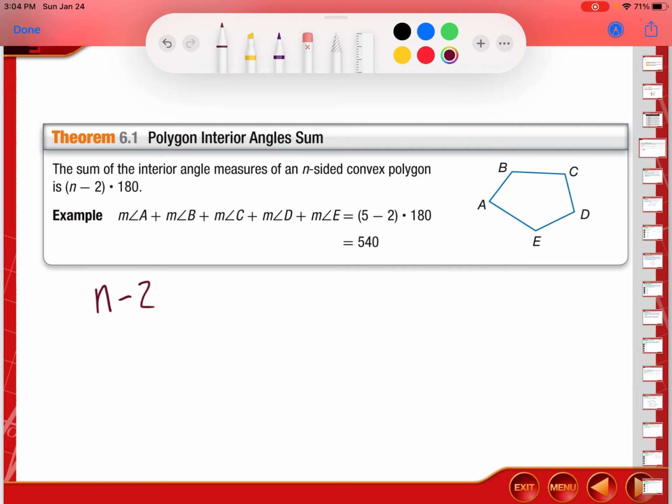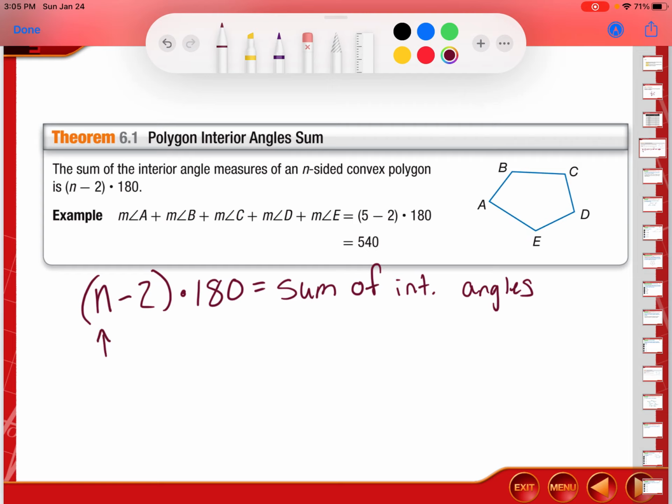N minus 2 times 180 equals the sum of interior angles. Okay, super important. So n minus 2 times 180 equals the sum of the interior angles. And n is the number of sides in that polygon.